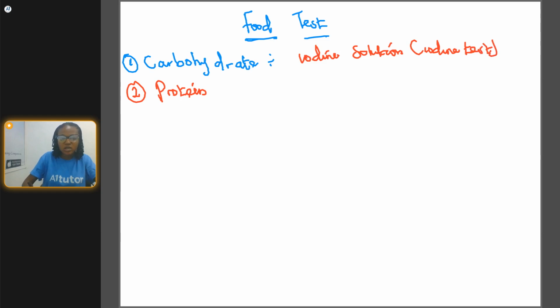For protein, I'm going to present another chart to you now so you can see by yourself. We are going to be using the rate test. This is for protein. I'm going to show you another chart now for you to see how we can test for protein.